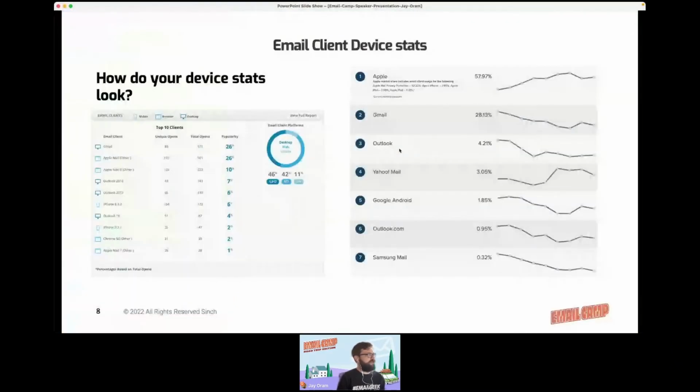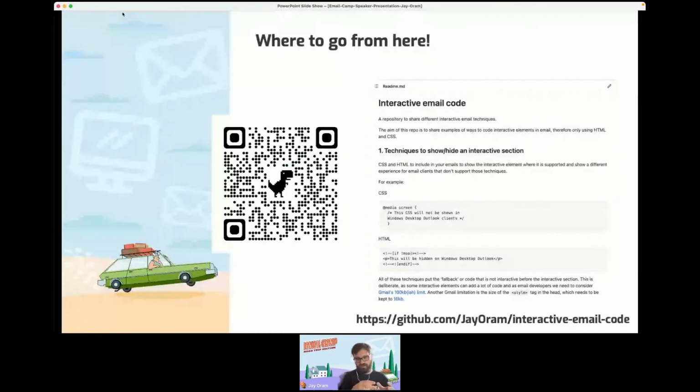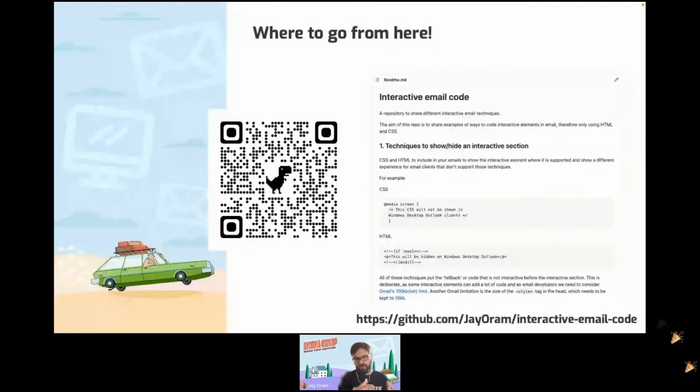So where to go from here? As I said, this is kind of the very start of the way you could look at interactivity. So I put a repo together on GitHub, which is just a fancy way to say that if you follow this link, all the code is already there for you, or you can scan the QR code. So you can click through, check out the different ways to add the interactivity.